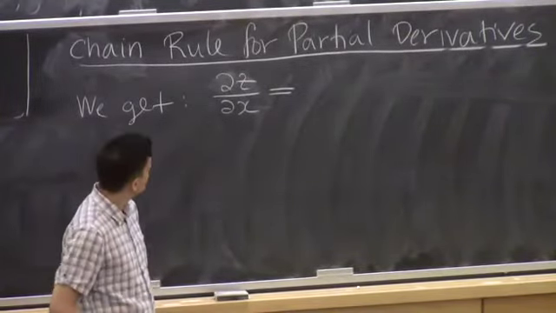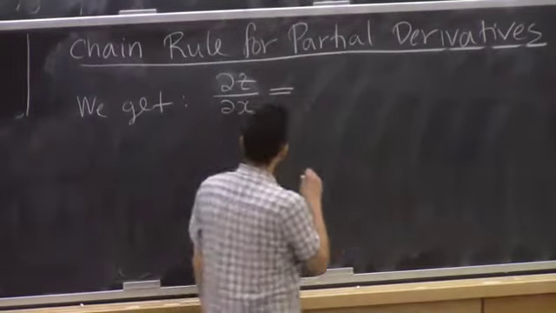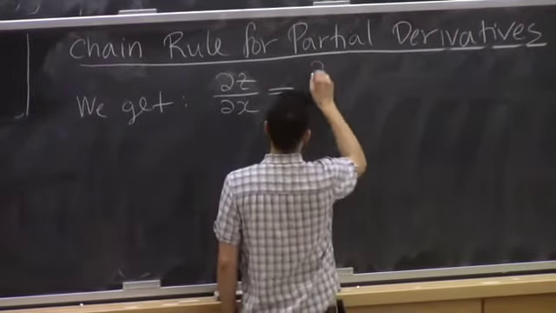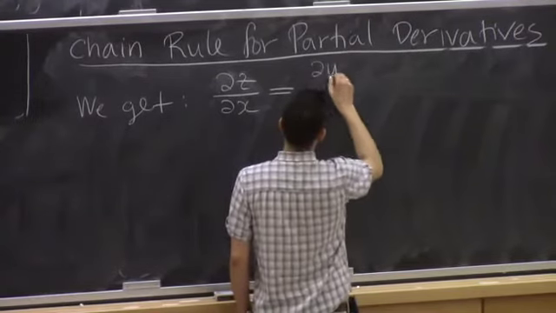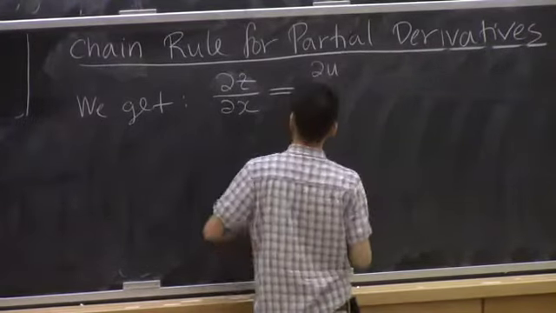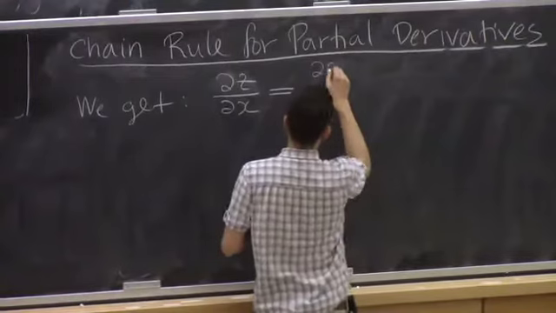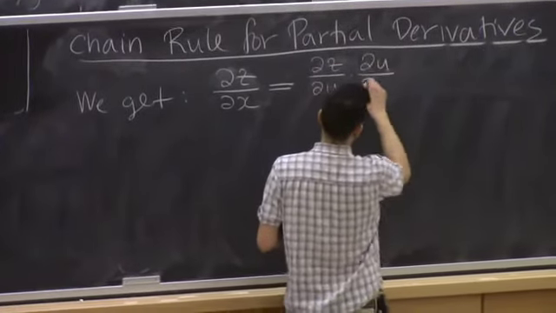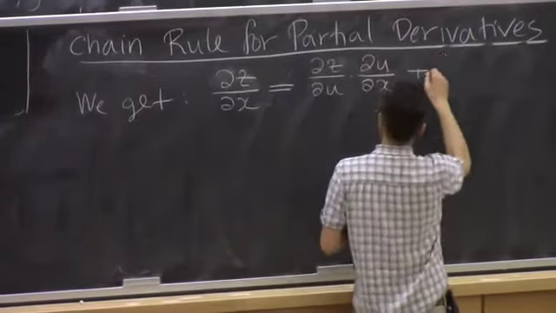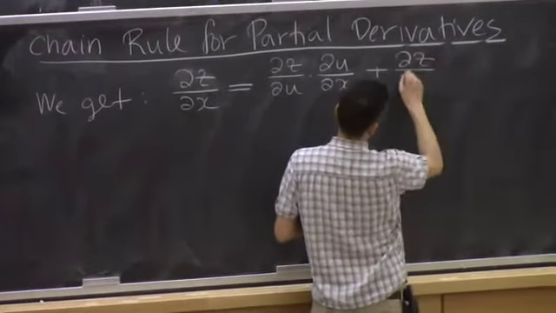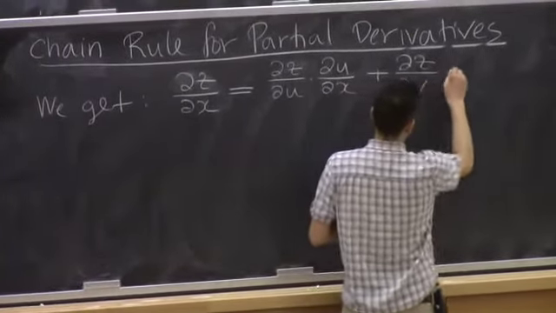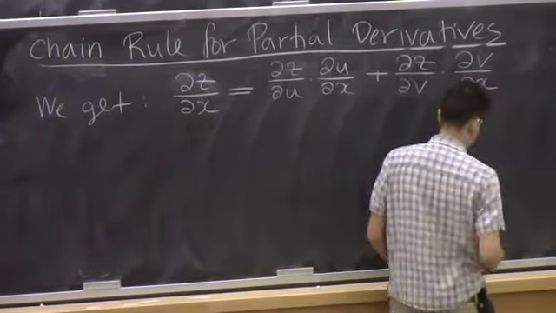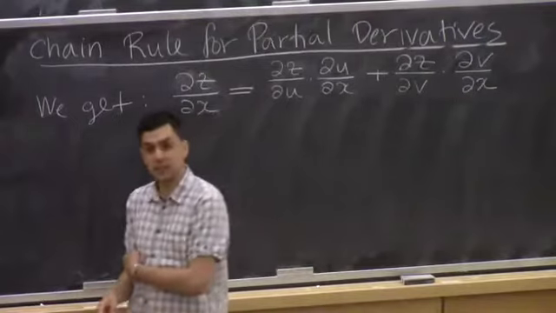If we've got a function which depends on two variables, then we're going to get something that looks like this.